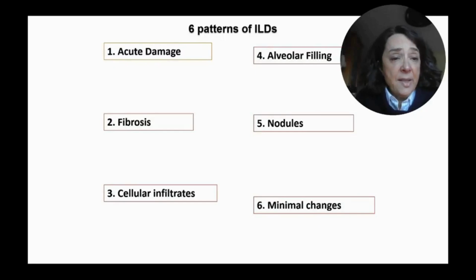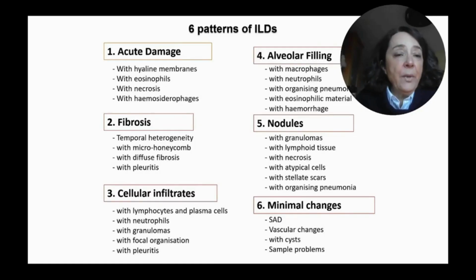So the patterns are 6. We have acute damage, fibrosis, cellular infiltrates, alveolar filling, nodules, and minimal changes. But the most important is what you are going to find within these patterns. So if you see hyaline membranes, when you have fibrin, you have an acute damage.